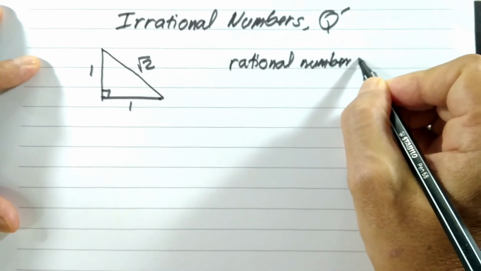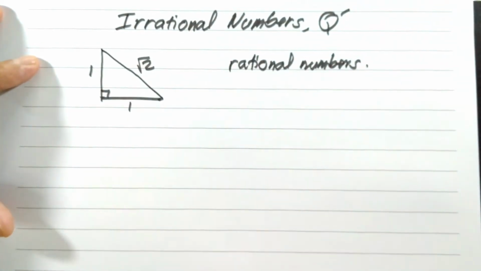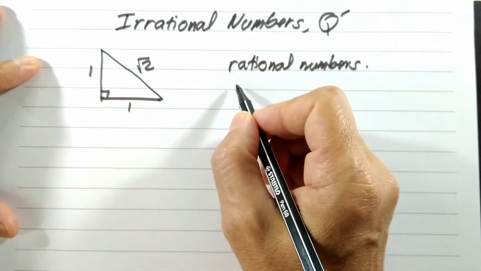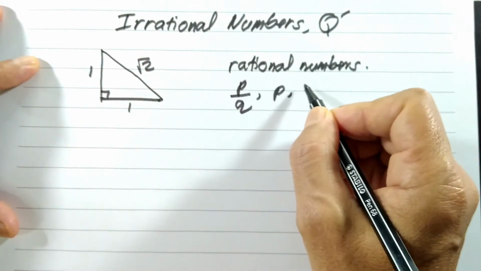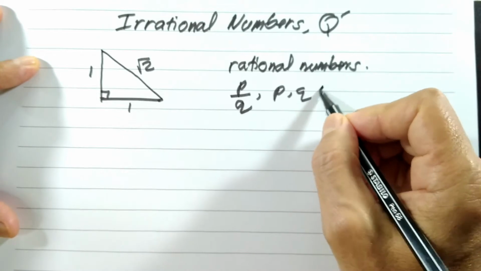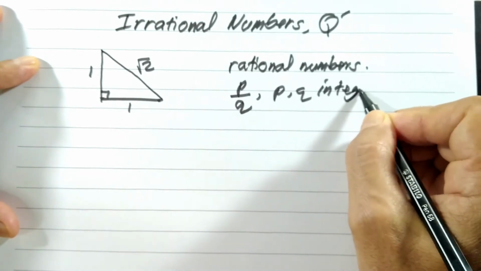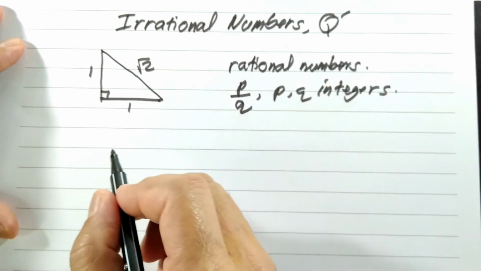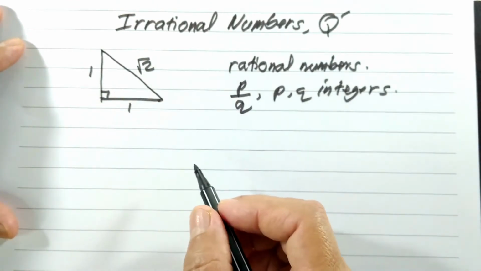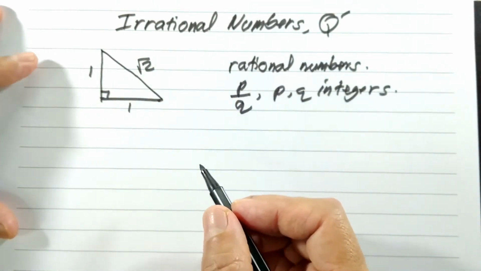Okay, what we mean by rational numbers is a number that can be written as P over Q, where P and Q are both integers. But square root 2 cannot be written as a ratio of two integers.